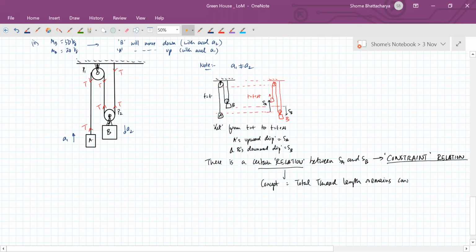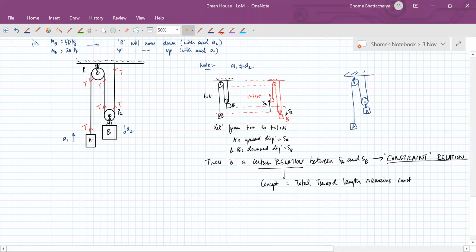Visualize in this diagram that the block B was here originally and block A was here.